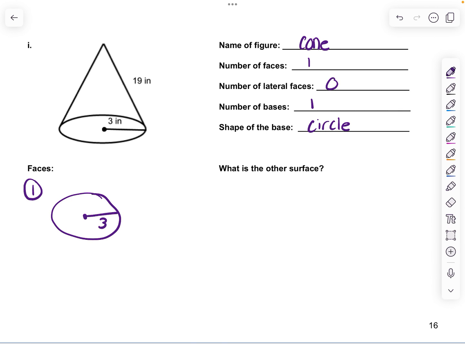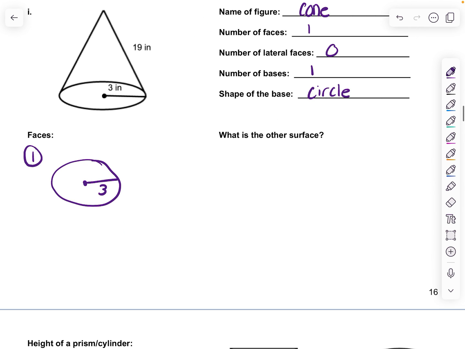The surface for this one is not a shape like the rectangle for a can. A cone is different, so it's going to look something like this to wrap around the cone and then come to a point. The only dimension on there is the actual radius.